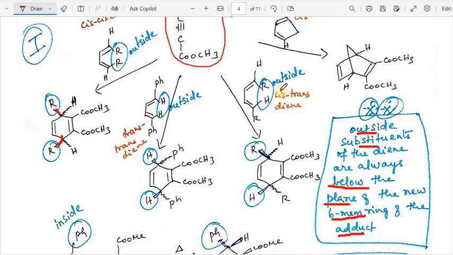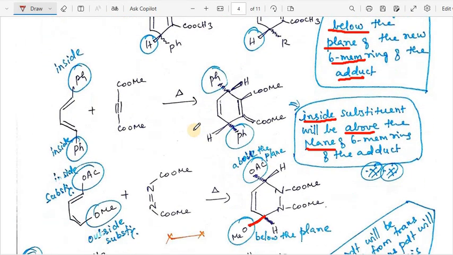So which is outside now? R and H are outside. In the product, R is also below the plane and H is also below the plane. So from this example 1, what is the inference we are getting? Outside substituents of the diene are always below the plane of the new 6-membered ring of the adduct.